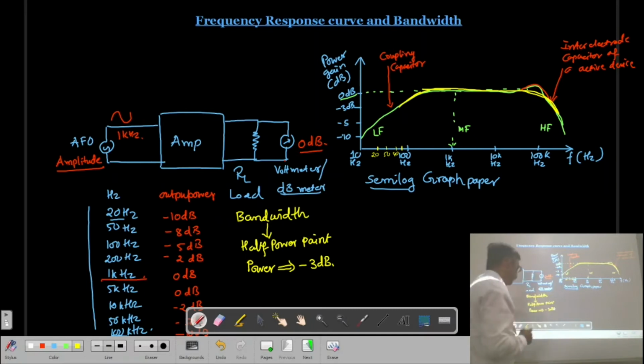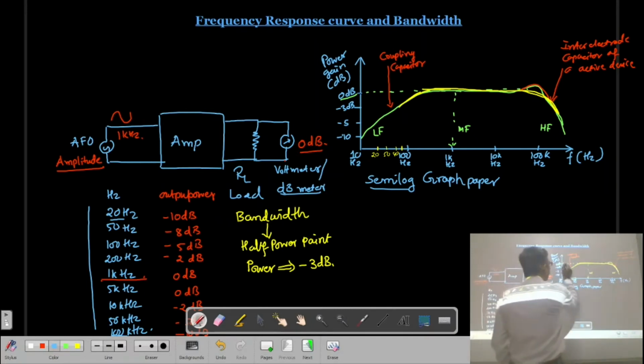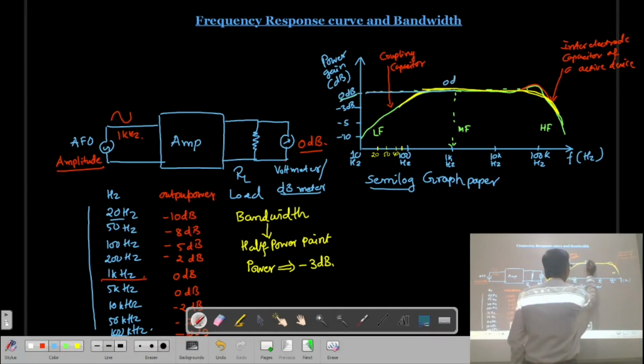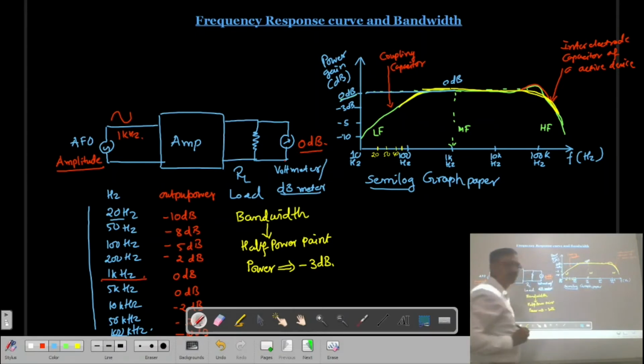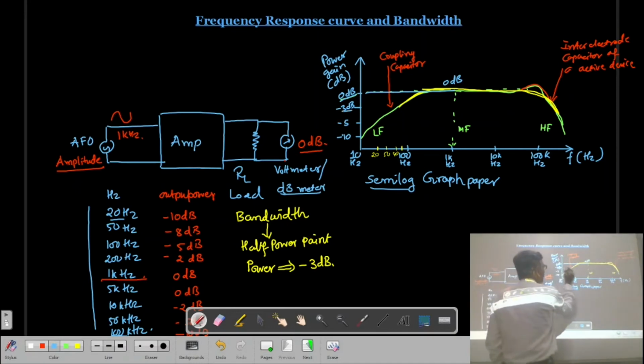So in this curve, we have this 0 dB. This is representing 0 dB. Correct? Then what is my half power point? That is minus 3 dB.